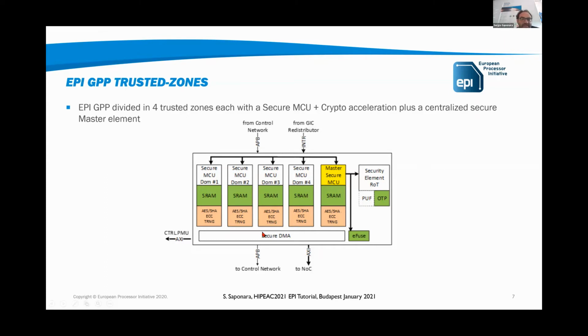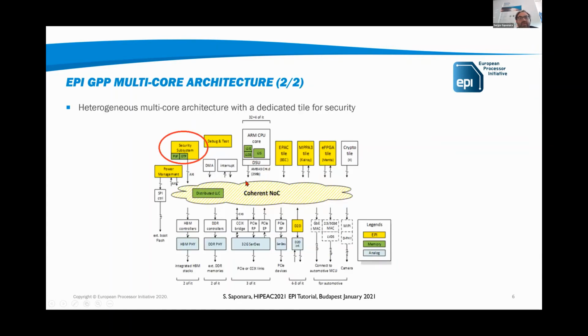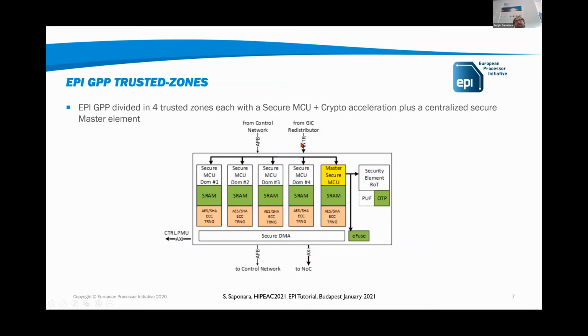The DMA also has a dedicated security feature. These parts integrated in this subsystem will ensure a hardware-based root of trust that adds to the security level that you already have because of ARM. All we are discussing are solutions you can find only in the European Processor Initiative, and you will not find in a generic ARM-based processor.